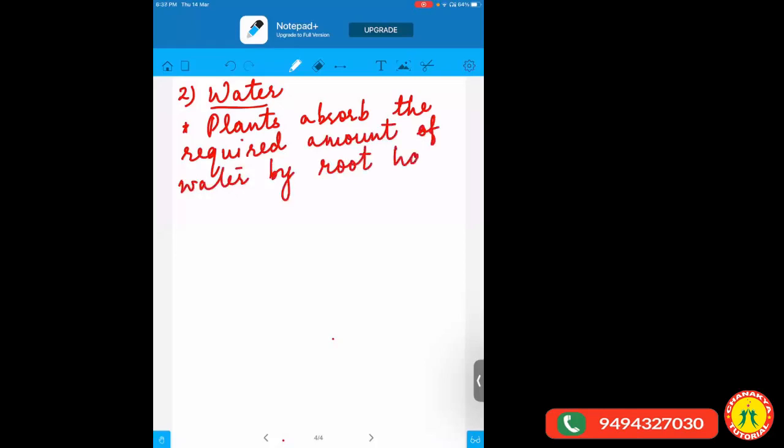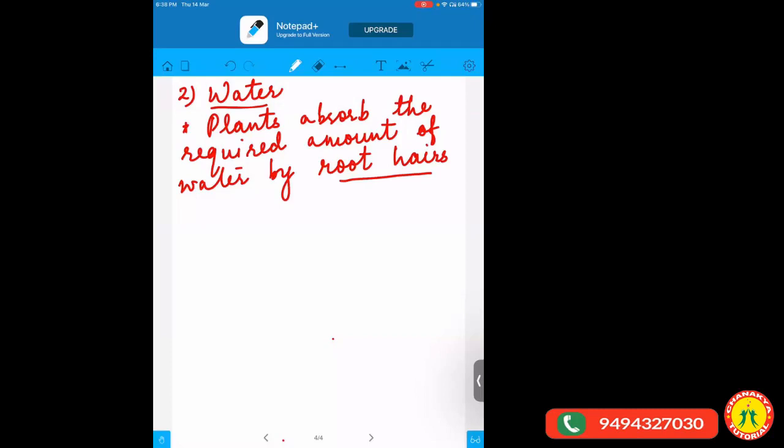If the question asks which part is responsible for the absorption of water, you should write about the root hairs. In plants, the root hairs absorb the water.